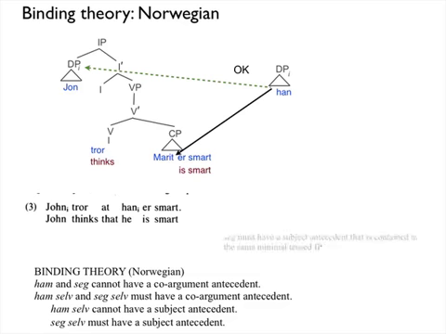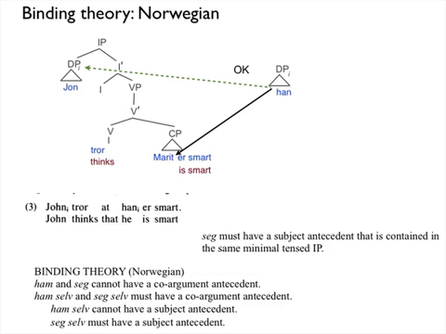So the other constraint is that seg must have a subject antecedent that is contained in the same minimal tensed IP. So what that's saying is that seg will go and look for a subject antecedent, but it has to find it within a certain domain.